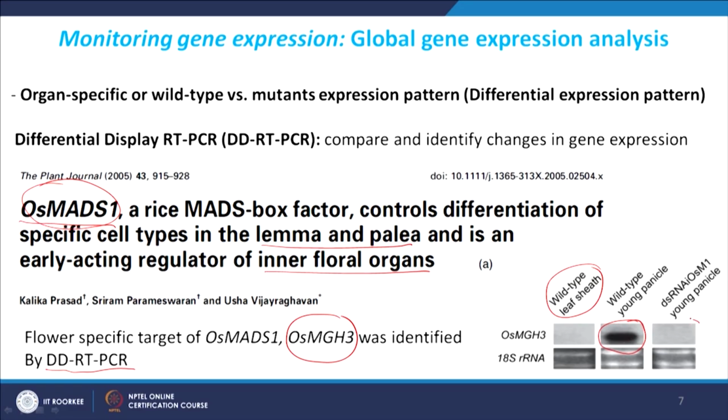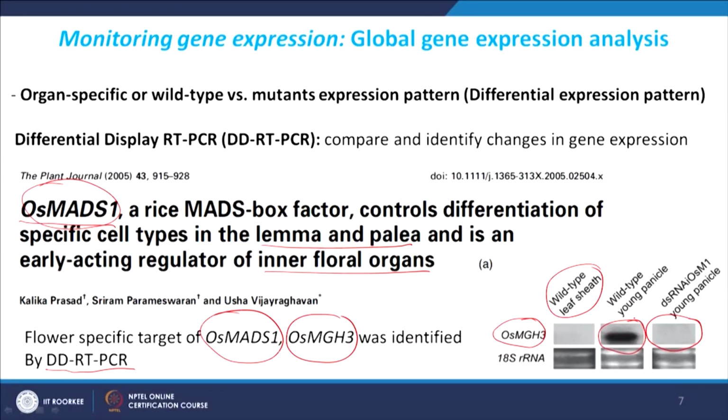But if you look at a mutant panicle where MATS1 is down regulated, the expression of OSMGH3 also disappears, which means, first of all, that there is an organ specific or tissue specific regulation of this gene. The gene is only expressed in the panicle, not in the leaf sheath, and its activation is dependent on MATS1.